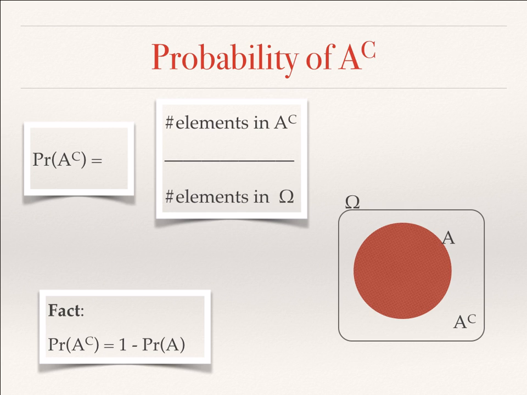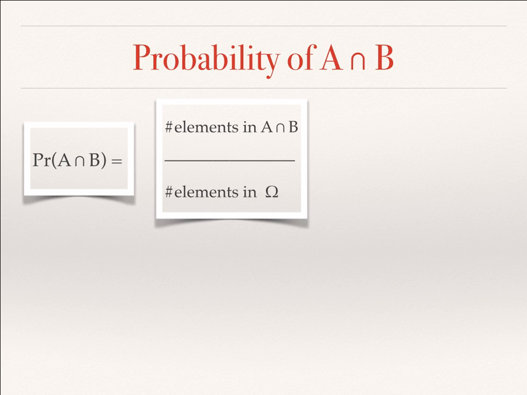Now next, we want to know the probability of A intersection B, and again we apply the same method as before. We need to count the number of elements in A intersection B and divide it by the number of elements in omega, which is our sample space.